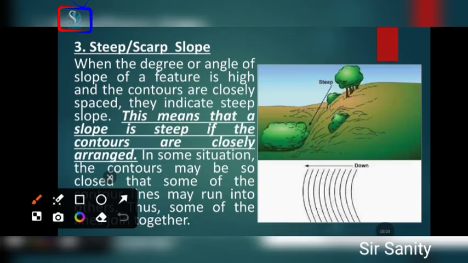So what you should know is that the place where the contour lines are too close represents the steep or the scarp slope. This means that a slope is steep if the contours are closely arranged. So if the contours are closely arranged, it tells you that that side of the highland is representing a scarp slope or a steep slope.